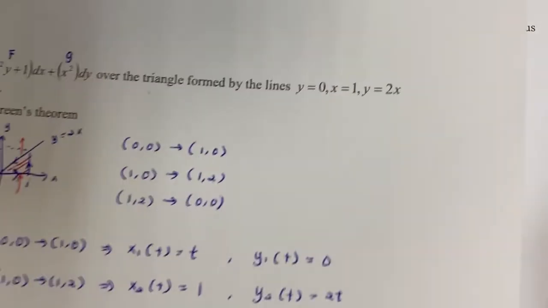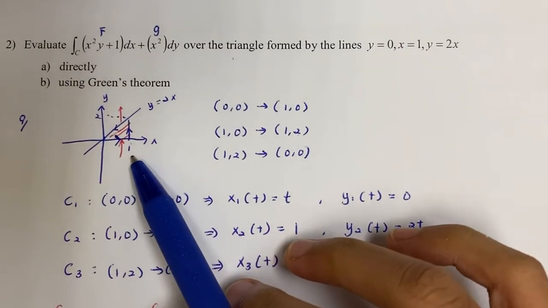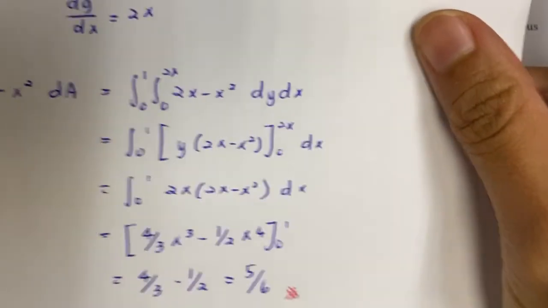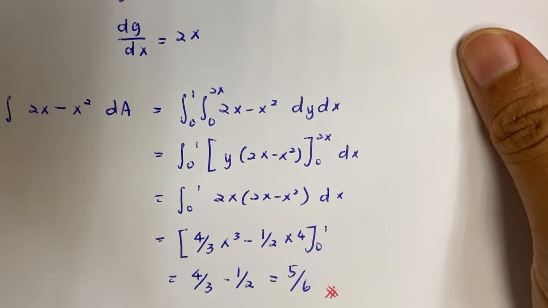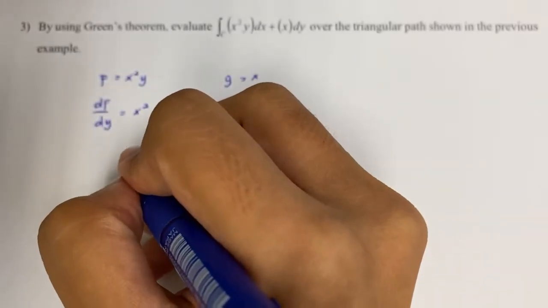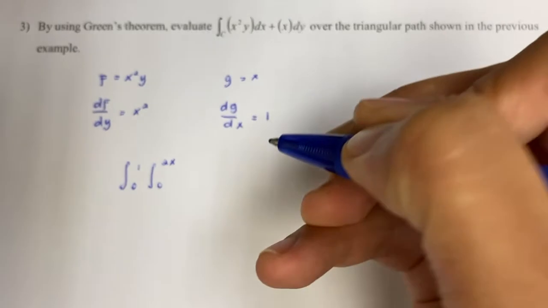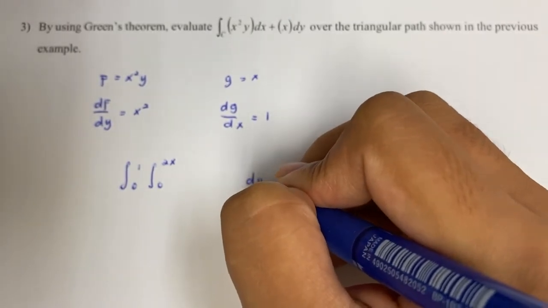Considering the same path, we have the same limits as this one. To solve for this, we have 0 to 1, 0 to 2x dy dx.